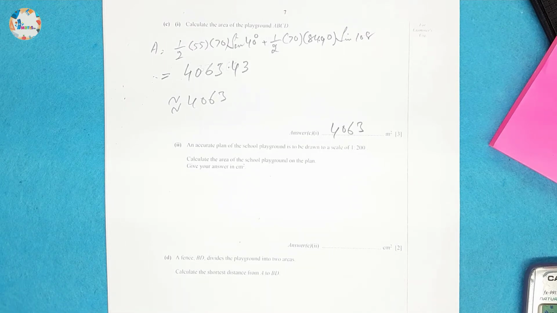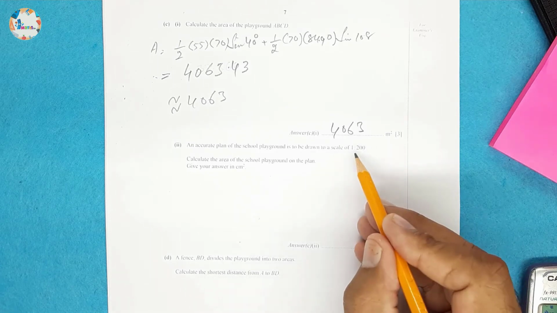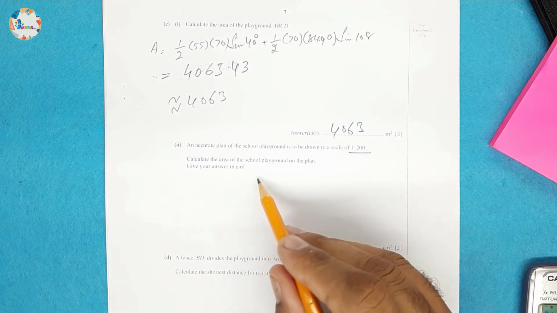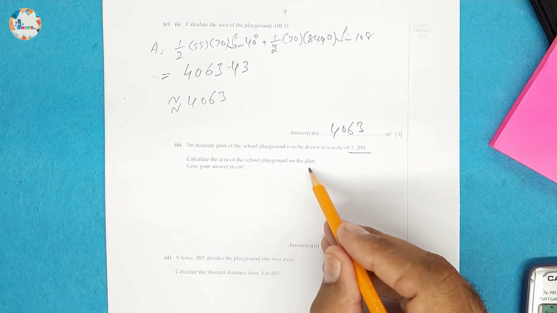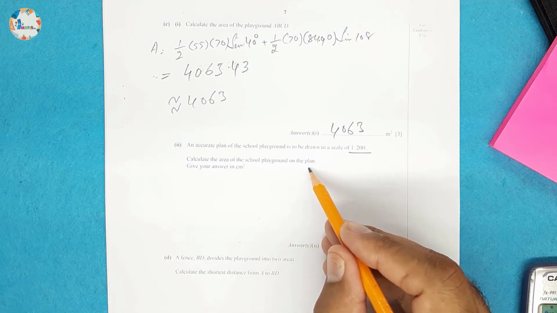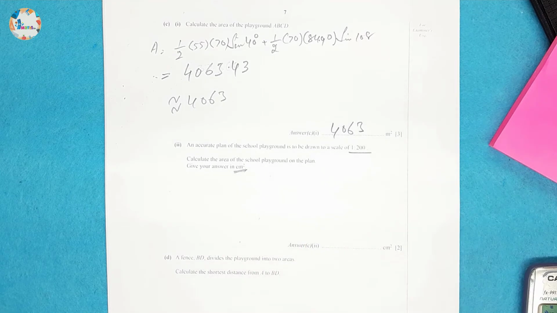The accurate plan of the school playground is to be drawn on a scale of 1 to 200. Calculate the area of the school playground on the plan. Give your answer in centimeter squares. So a centimeter square answer is required.